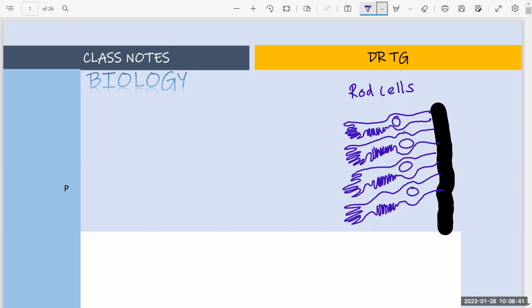So rod cells are photoreceptors, and in front of that, the second cell is called neuron cells, bipolar cells.